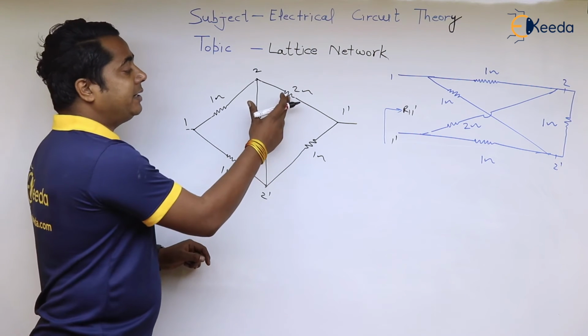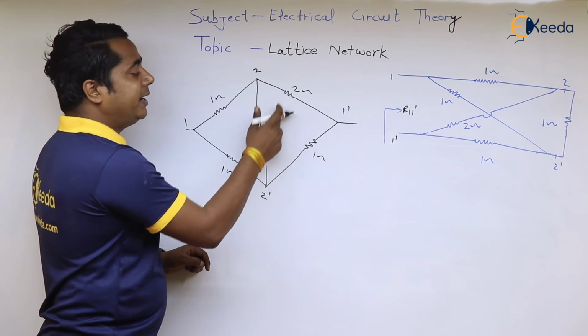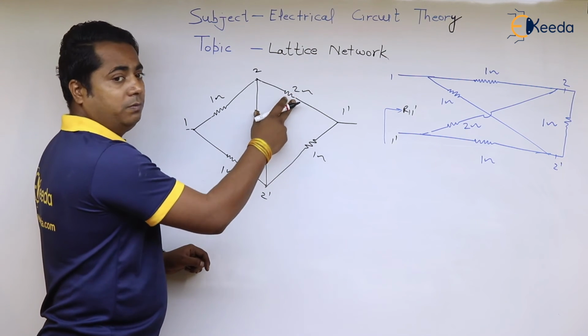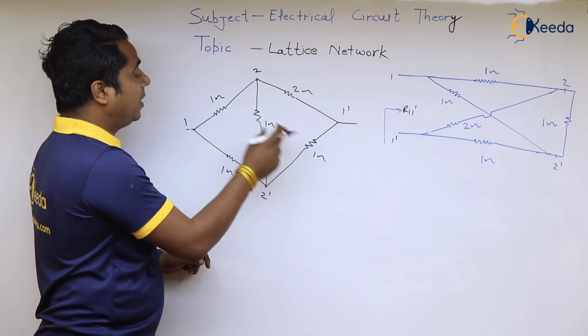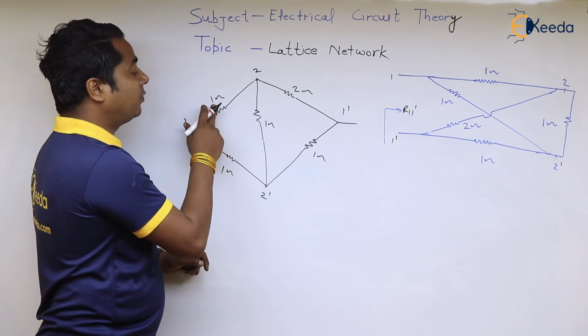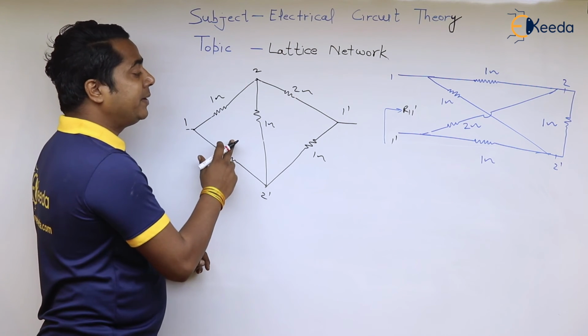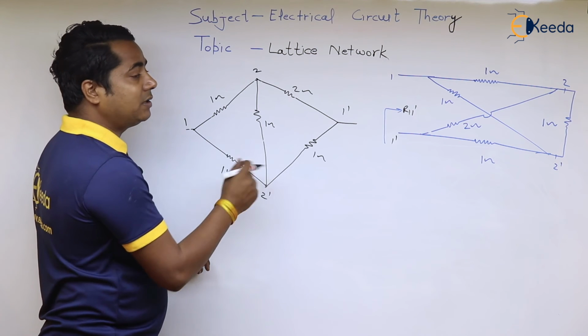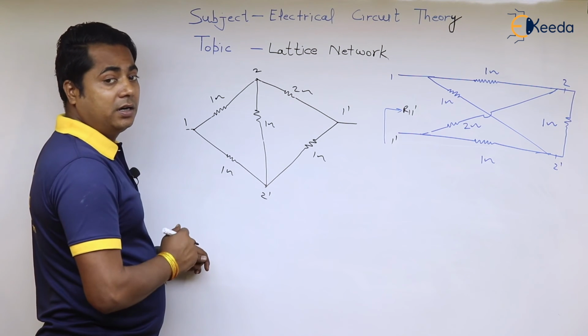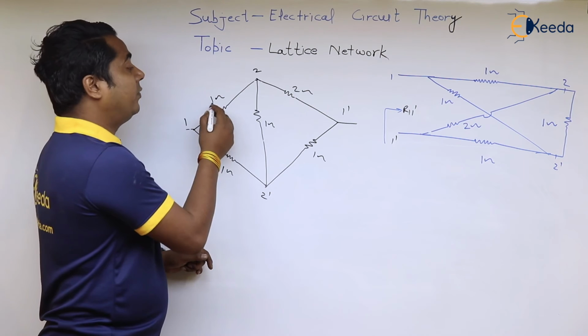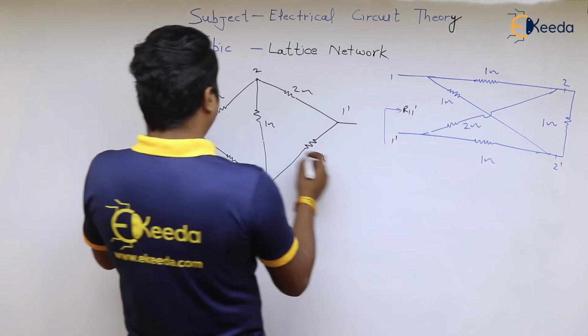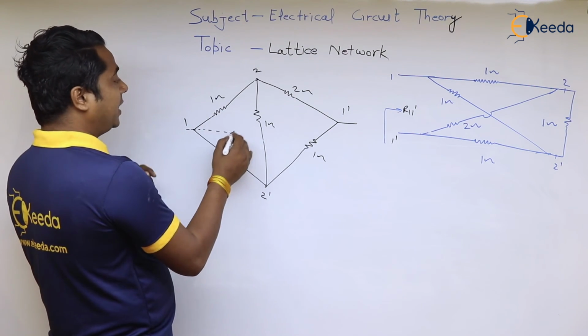If we convert this delta, the calculation will be very difficult because this is 2 ohm, this is 1 ohm, this is 1 ohm. But here, this is your 1 ohm, 1 ohm, 1 ohm. When we connect from delta to star, the value of resistance will be one third of 1 ohm. So here I am just writing by the dotted line.